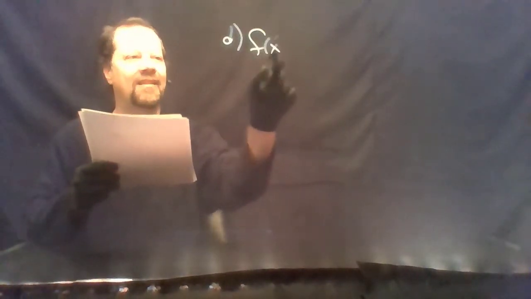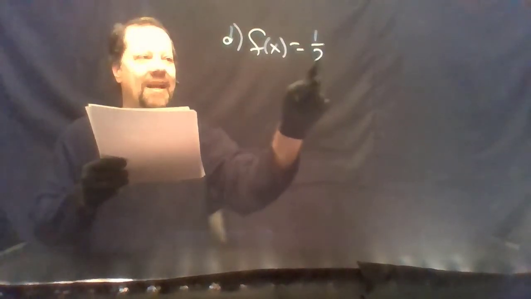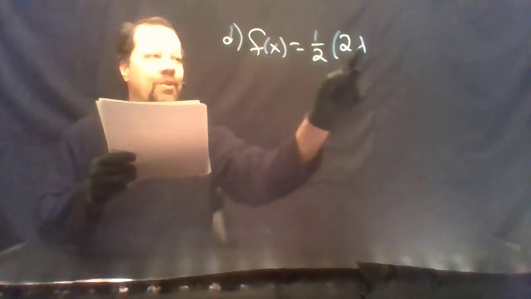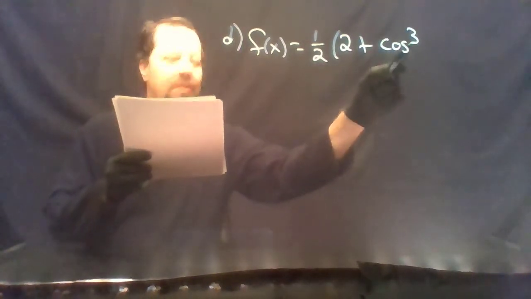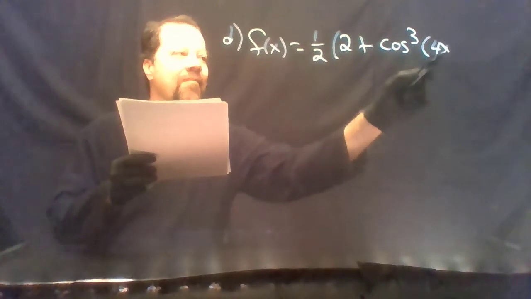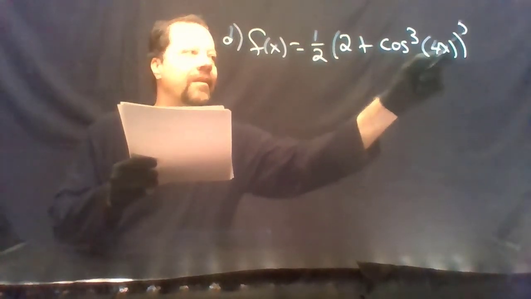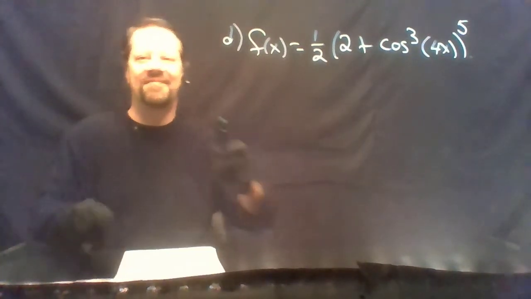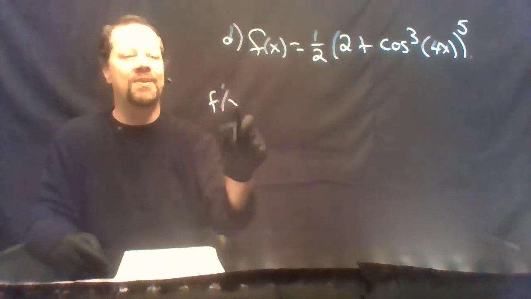On part D, f of x is 1/2 times the quantity, 2 plus cosine cubed of 4x to the power 5. Name the rules.